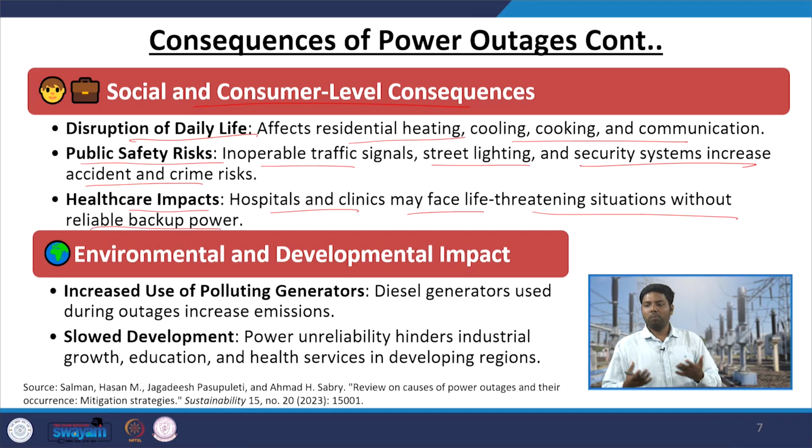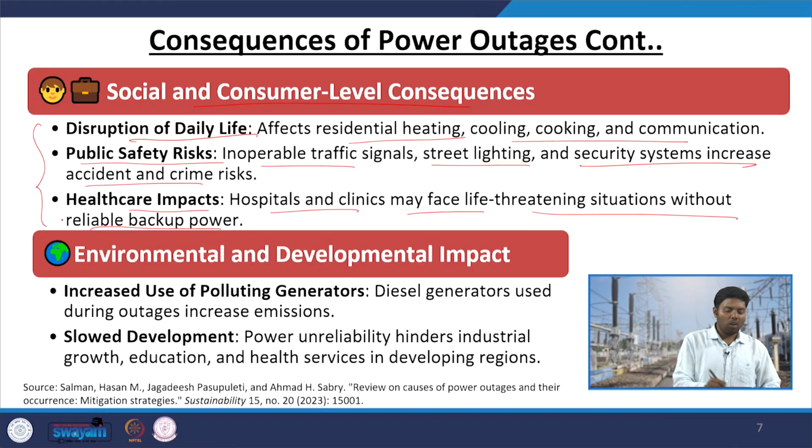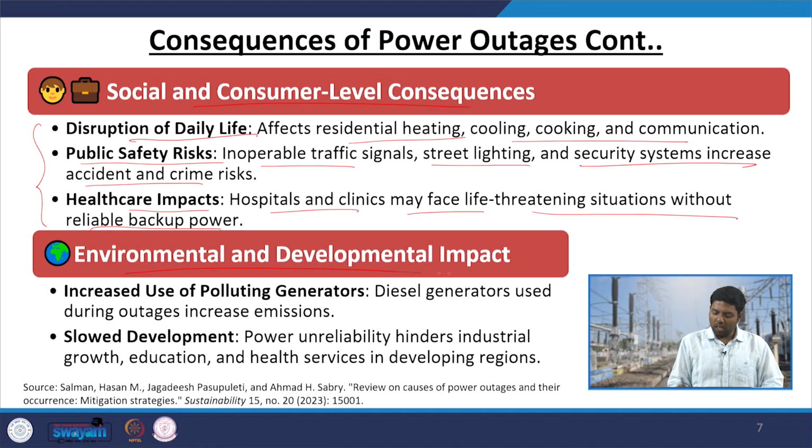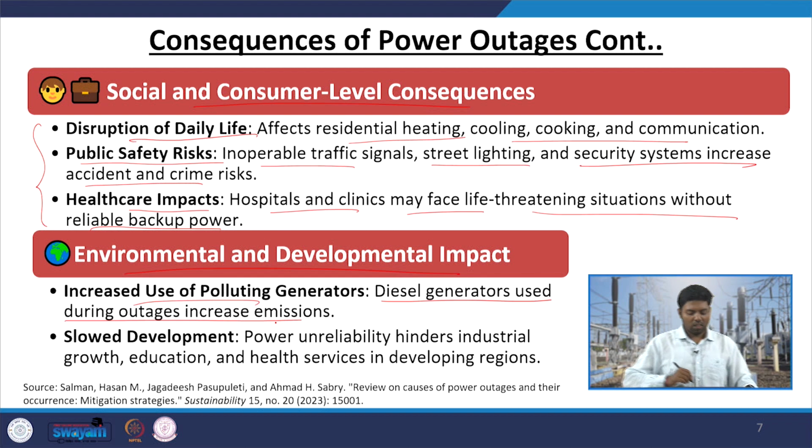If you do not have power, obviously, because we are now very much dependent on electricity, that will impact society as well and the social life of humans.